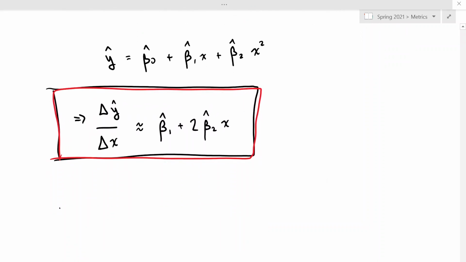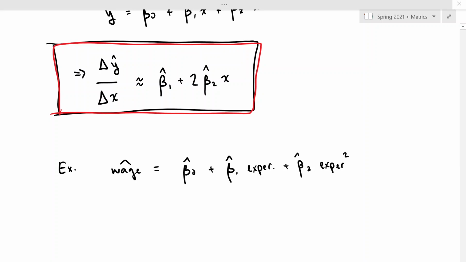So in our example here with the wages, and we'll do this in Python, when we estimate that wage equation, we have beta 0 plus beta 1 times experience plus beta 2 times experience squared.